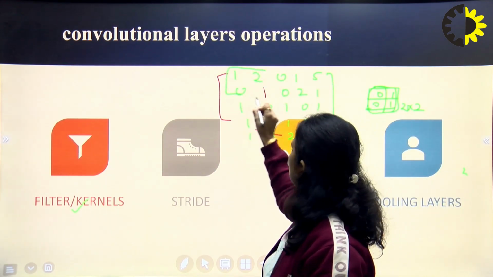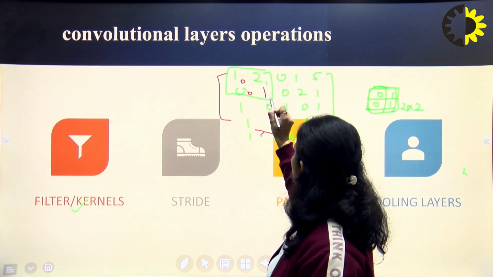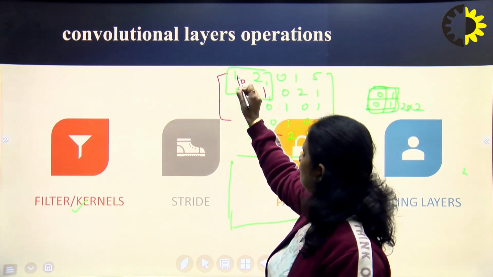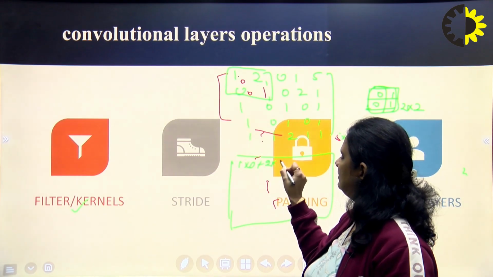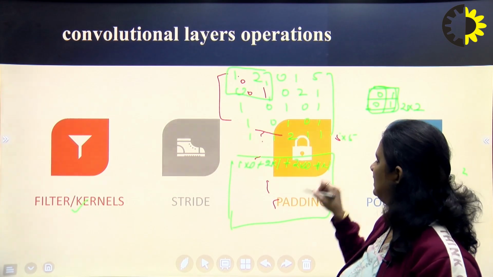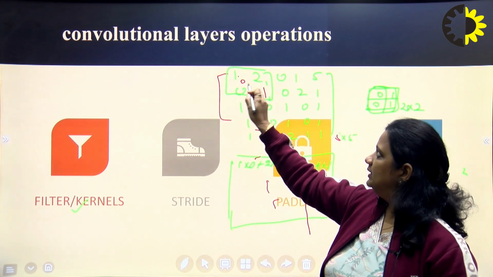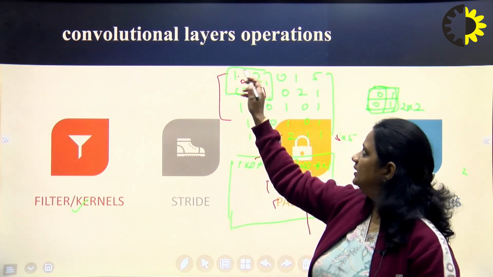So understand 0 1 0 1. Then 1 multiplied by 0 plus 2 multiplied by 1 plus 2 multiplied by 0 plus 1 multiplied by 1. So we replace the value with 0 plus 2 plus 0 plus 1, that is 3, in this image.